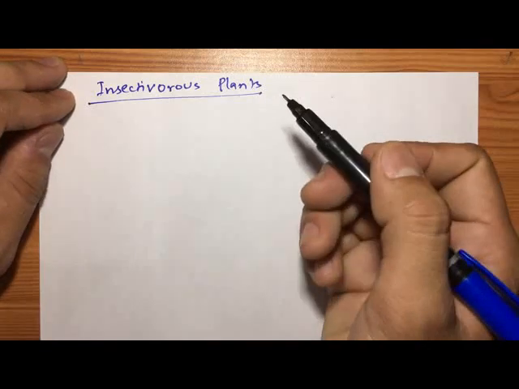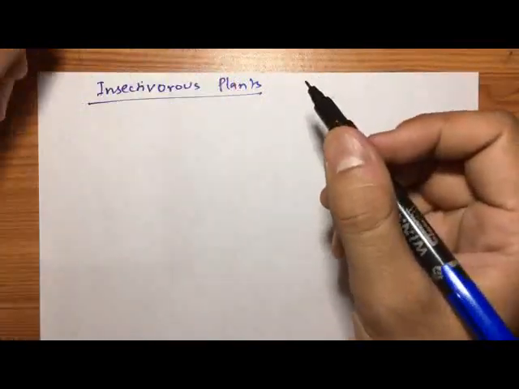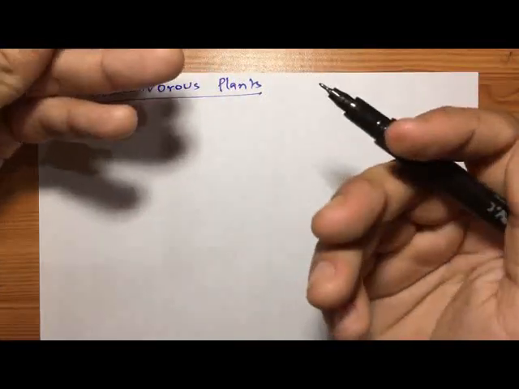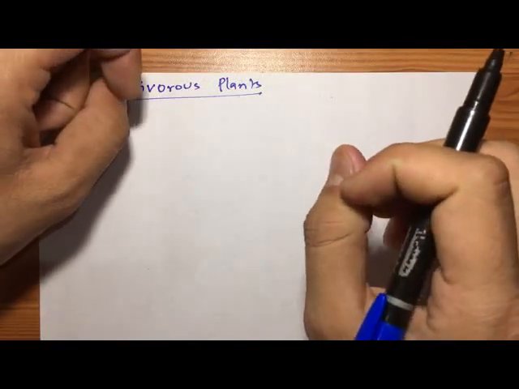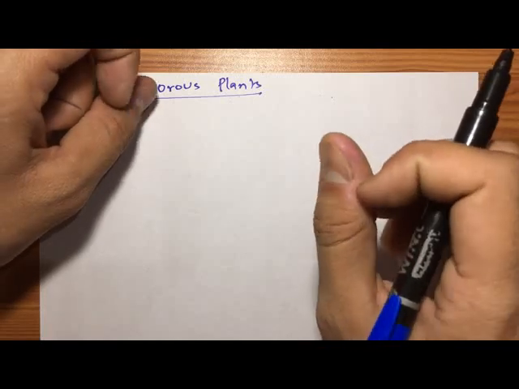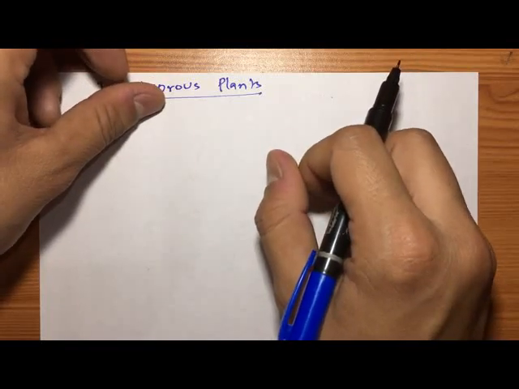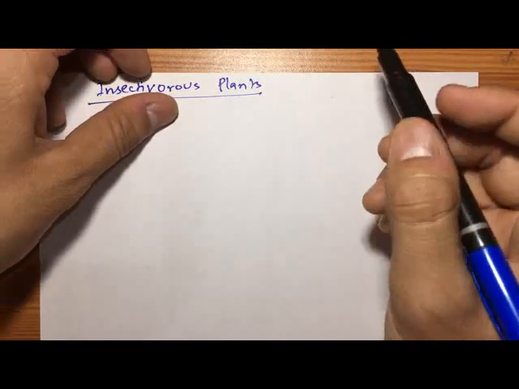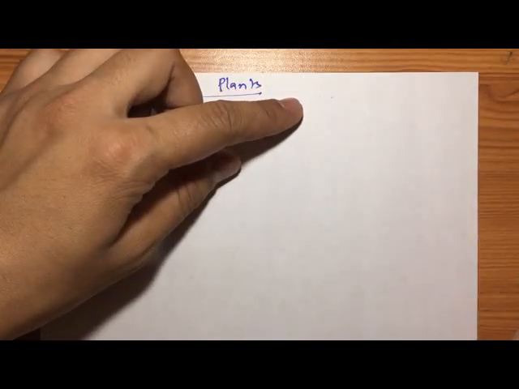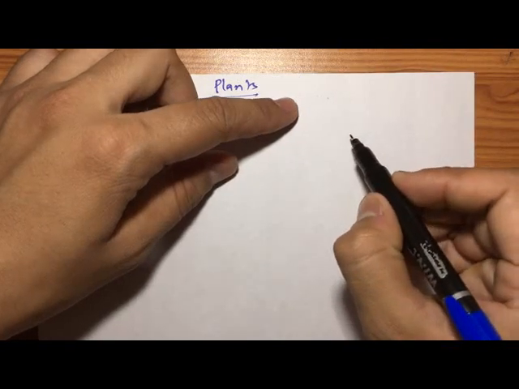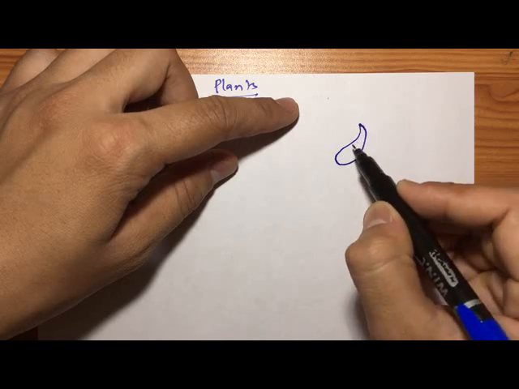In some cases the leaf cannot prepare a lot of food for the plant. In that case they lack protein or nourishment. So what happens in such plants, suppose that I am drawing a plant over here. It's a very beautiful and famous plant. Okay, it looks like this.